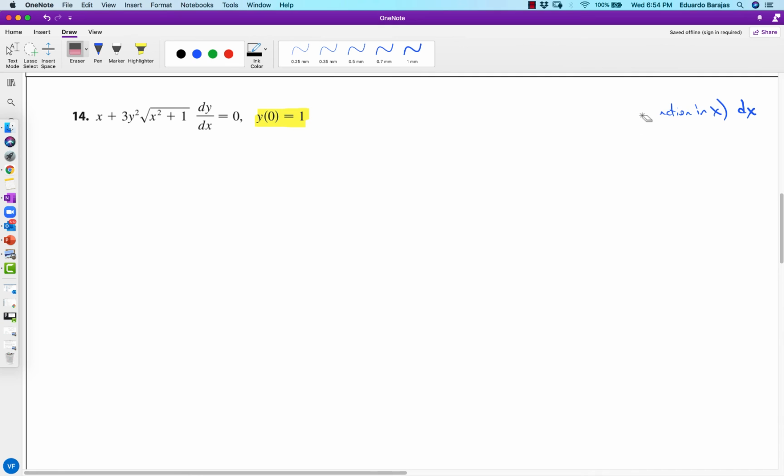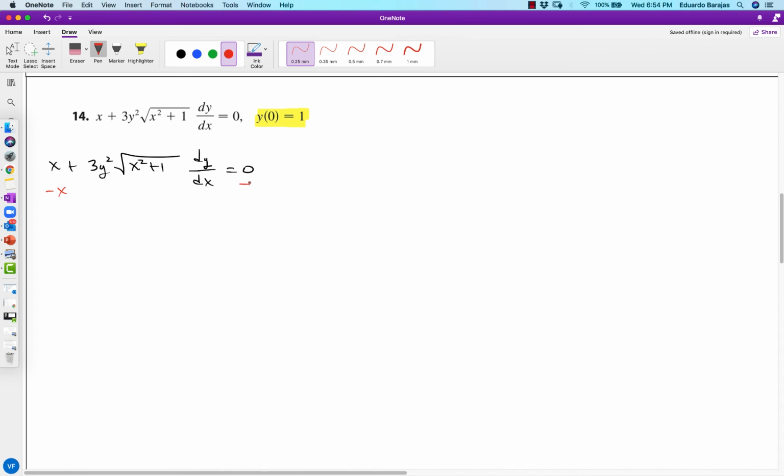Okay, so let's come back over here. We're going to need a little bit of algebra magic to achieve that. It won't be too bad, I don't think. Let's begin by subtracting x from both sides. So if I have x plus 3y squared, square root of x squared plus 1, dy dx equals 0. I just copied it.